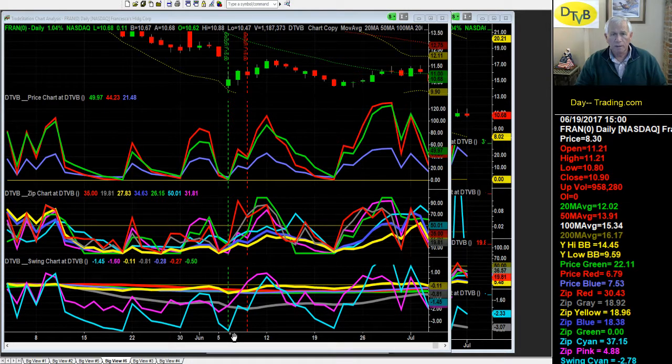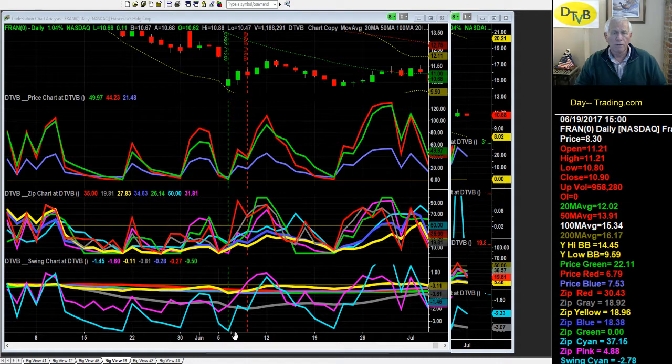And swing pink is a leading indicator. It's a real fast line. I compare it with zip red, because zip red and gray are really fast. Zip pink is also. But zip red and gray have real long indicator line length movements potentially.